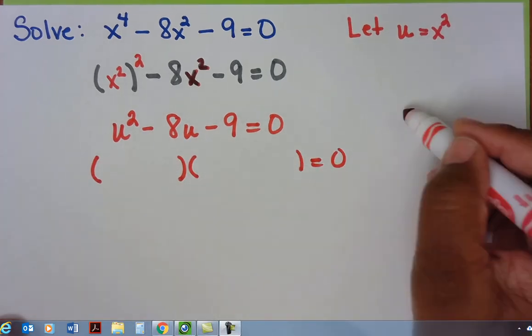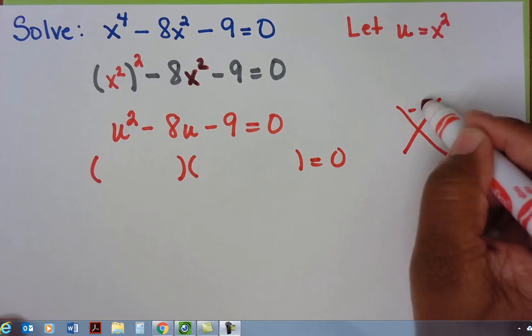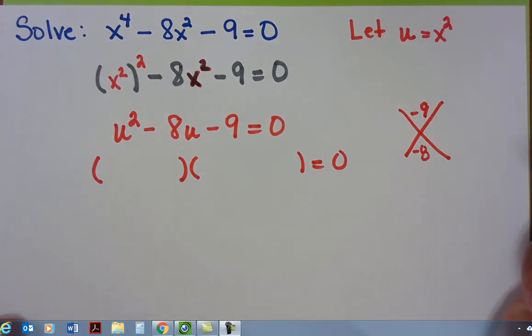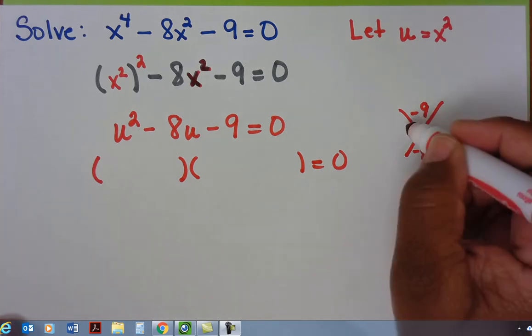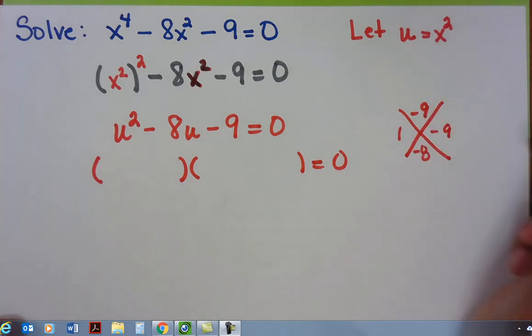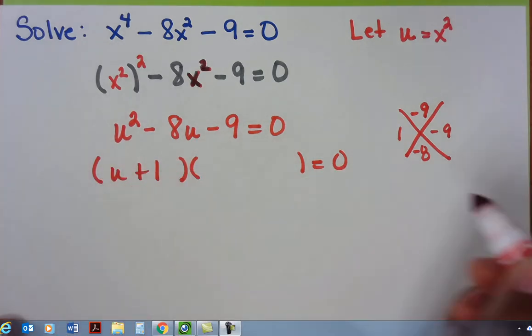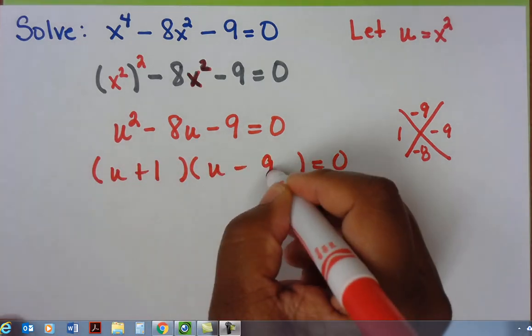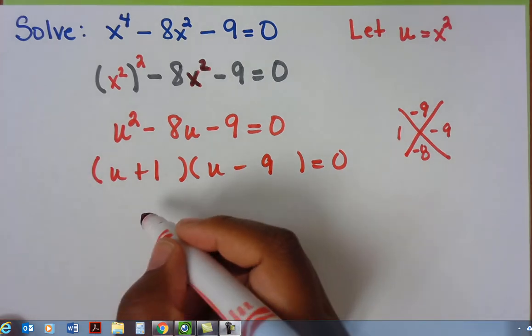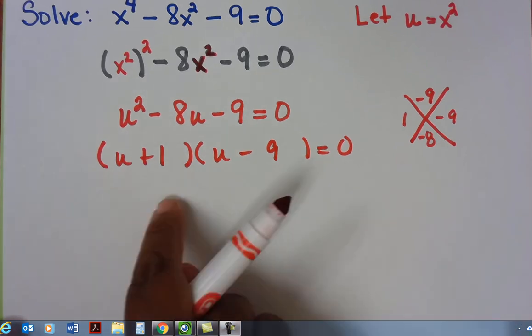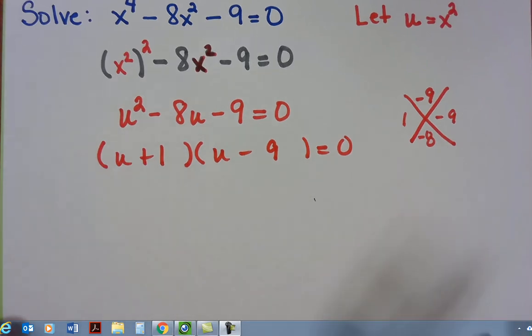So we're looking for factors of -9 that will add to give us -8. And those factors are 1 and -9. So we have u plus 1 times u minus 9. And then using the zero factor property, we're going to solve for u.